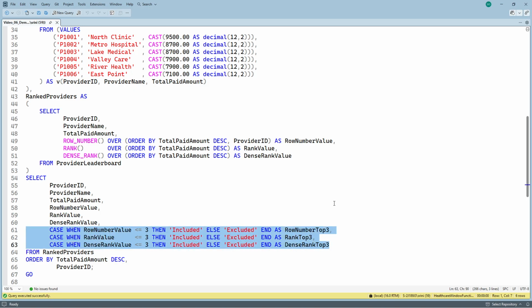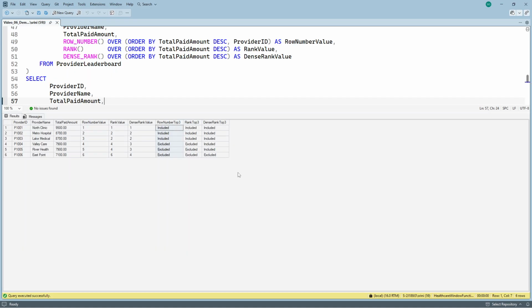Rank less than or equal to 3 includes tied rows based on a competition rank. Dense rank less than or equal to 3 includes the top 3 dense rank groups. These are not just technical differences. They can change how many rows the business receives. So before writing the filter, ask what top 3 really means to the business.